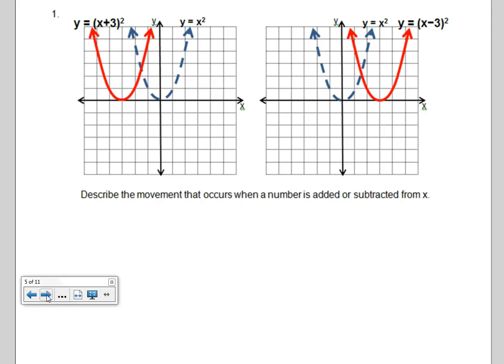On the graph on the left, (x plus 3) all squared, the whole graph shifted over 3 units to the left. And on the second graph, y equals (x minus 3) all squared, the graph shifted over 3 units to the right.